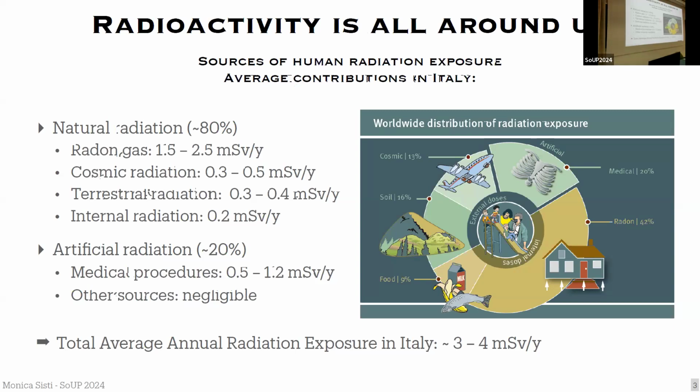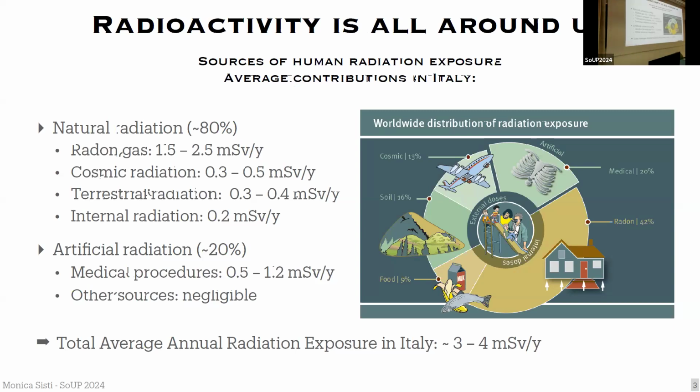And then in countries where medical procedures are common screening or curing techniques, there's also exposure to artificial radiation, about 20% in Italy. Other sources of artificial radiation are negligible.